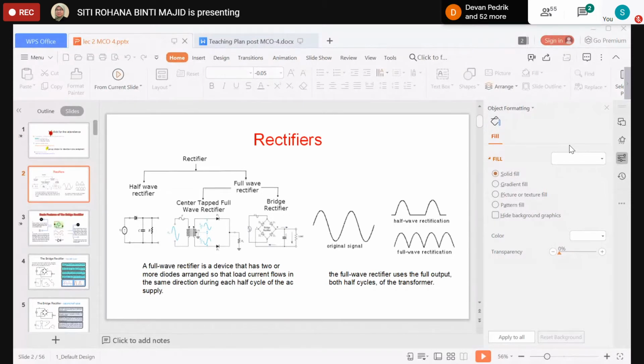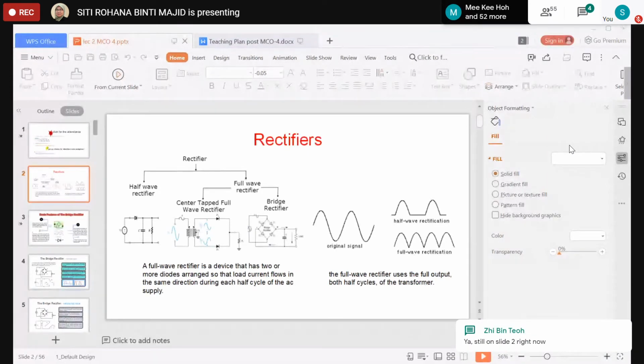The positive potential at point A will cause D3 to be forward biased, because we can see that the positive terminal of the power supply is attached to the positive terminal of the diode. So this connection leads to the forward biasing of D3.